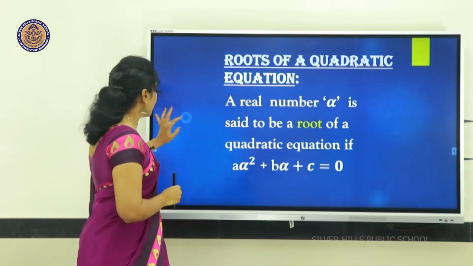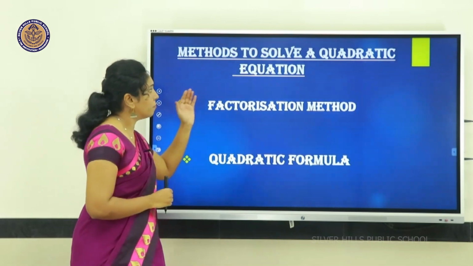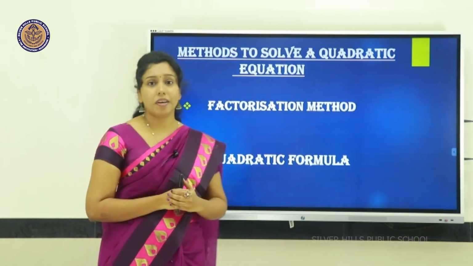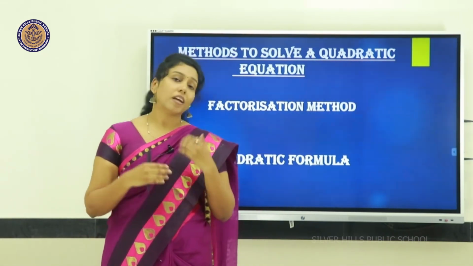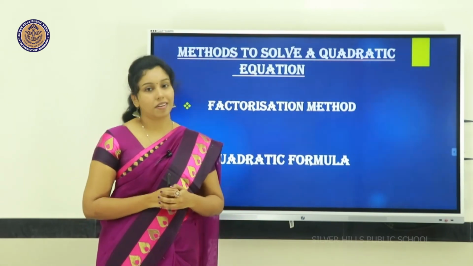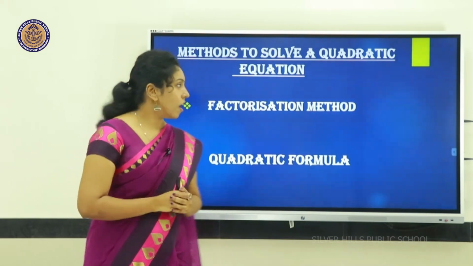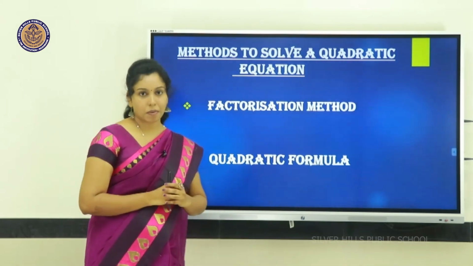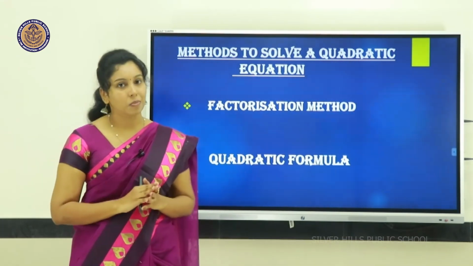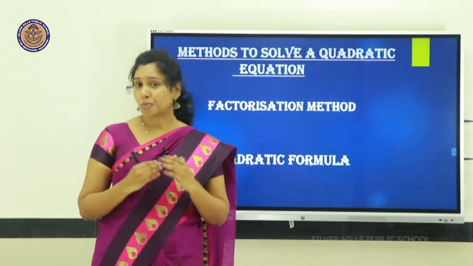And after that, we discussed different methods of solving a quadratic equation. Actually, there are different methods to solve a quadratic equation, but I will be discussing just two methods. The first one is factorization method, which we already covered in the previous session. And what was that?